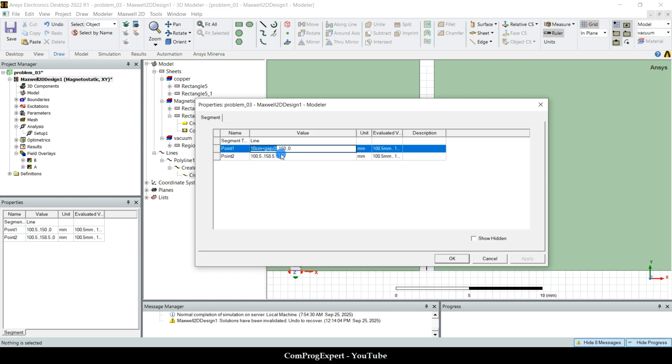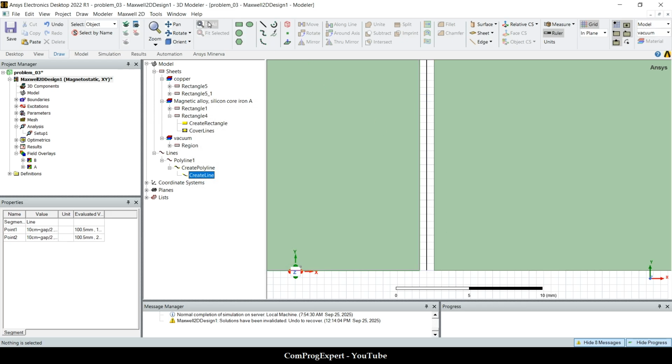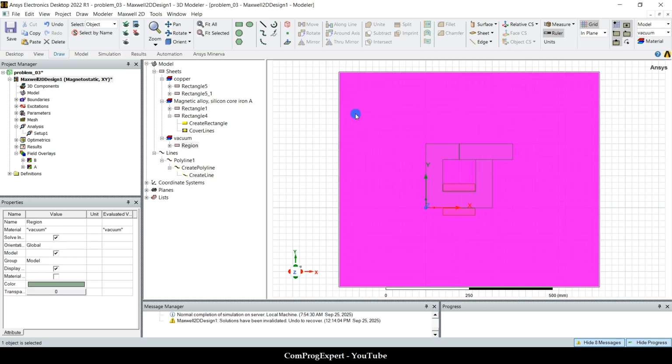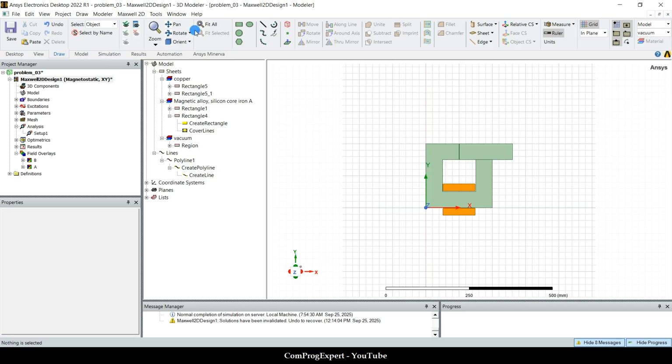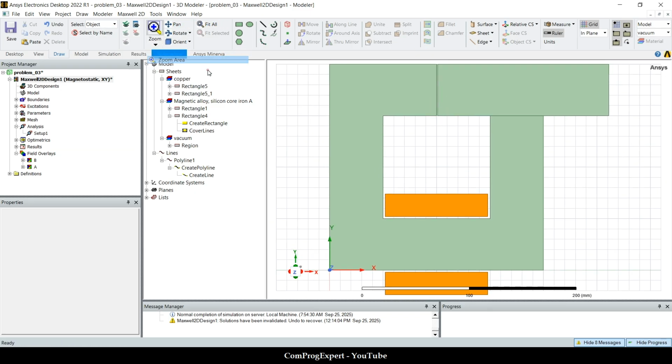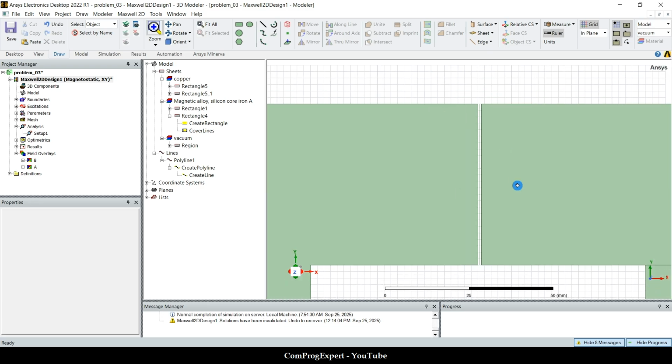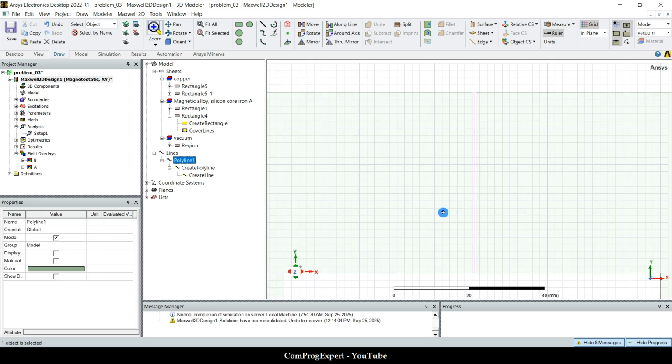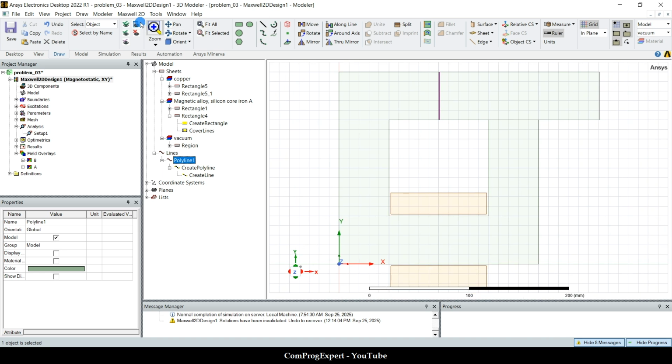Okay, so here we have this 20 centimeters, and this is 15 centimeters or 150 millimeters. So this edge is in the middle of the air gap. Let me hide the region, just focus on this part. So here you can see the object that we have added, polyline 1, in the middle of the air gap.